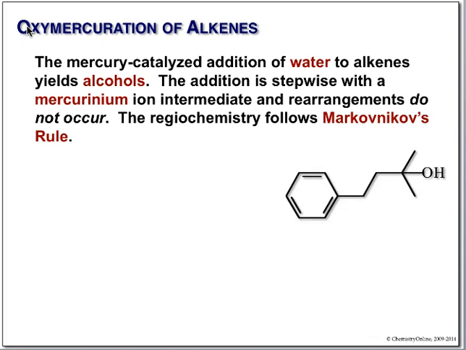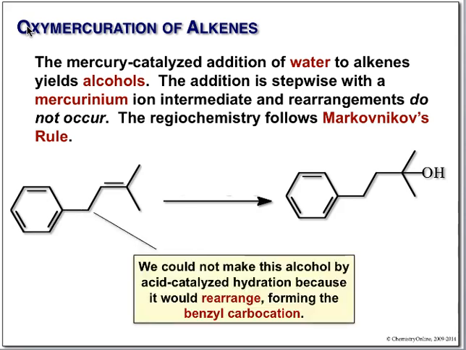Let's say that your entire grade in organic chemistry depended upon making this alcohol, right? Well, to make it worse, what if I said you had to start with this alkene?